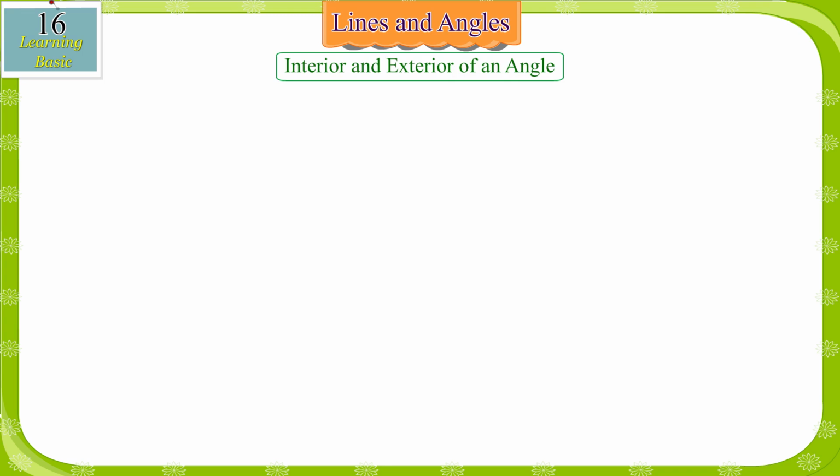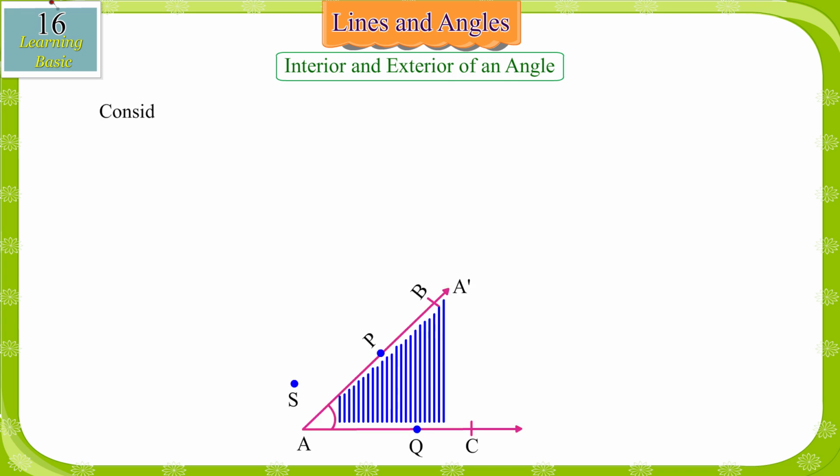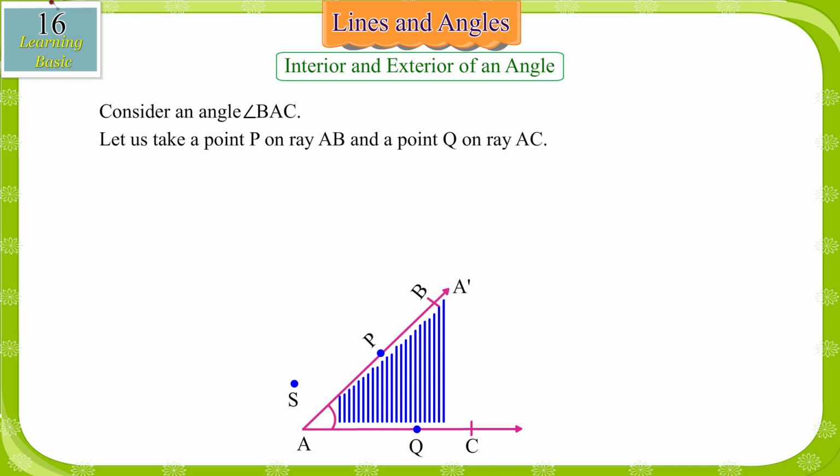Interior and exterior of an angle. Consider an angle, angle BAC. Let us take a point P on ray AB and a point Q on ray AC. We say that the points P and Q lie on angle BAC.